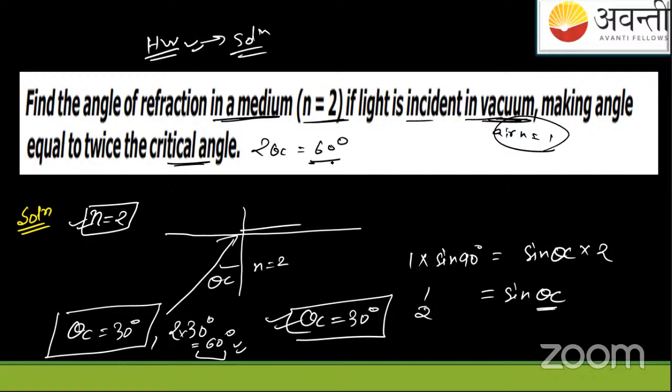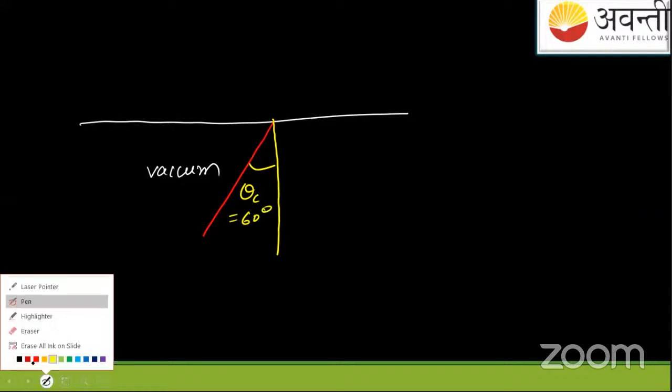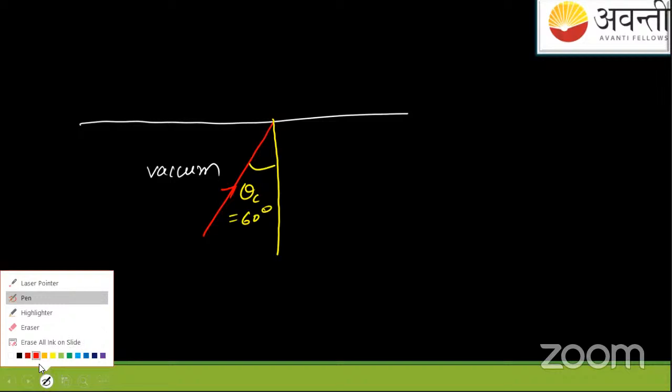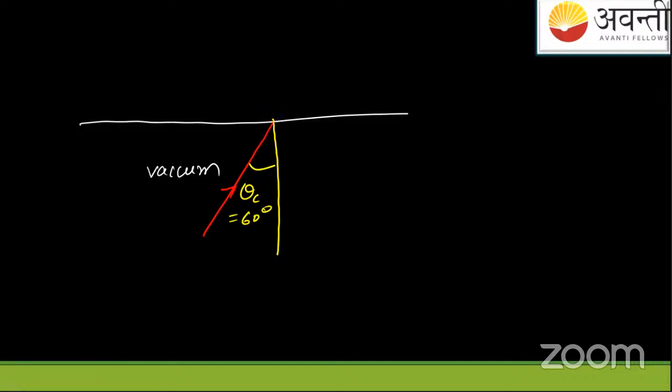Suppose a ray passes like this. This is the incident angle of 60 degree. Another ray passes like this. They're asking the angle of refraction. Suppose this is the normal here.